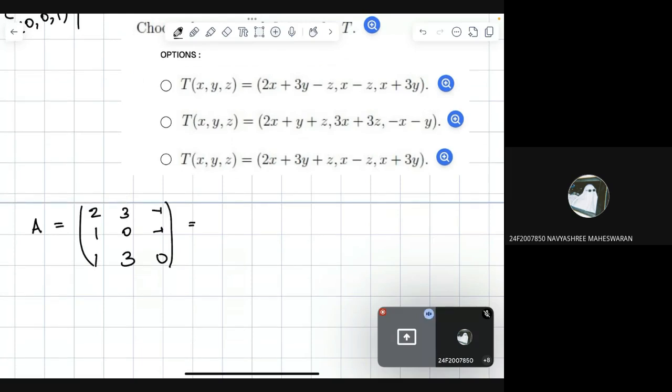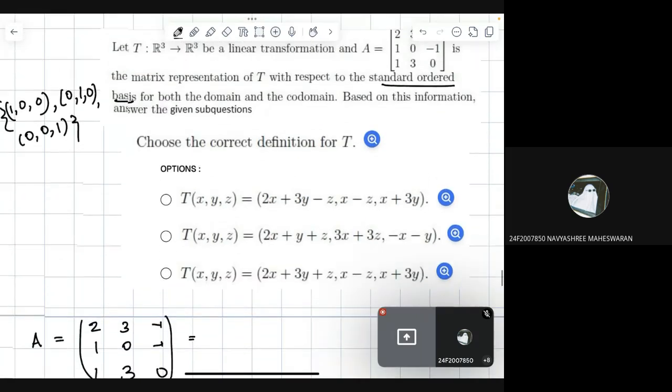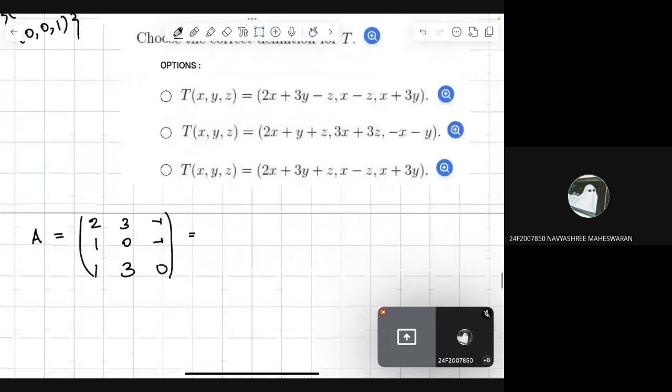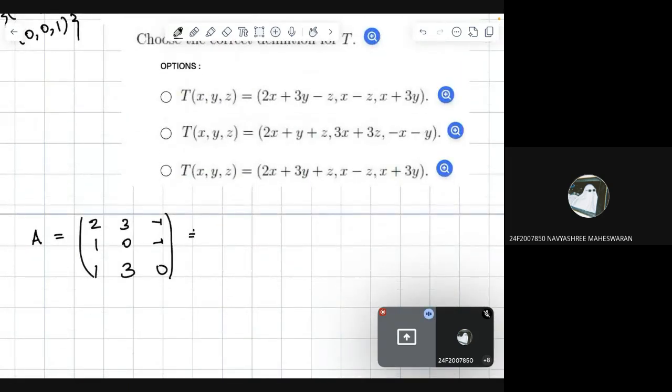You can write this in equation form: this will be 2x plus 3y minus z, because this is the x component, this is the y component, this is the z component.